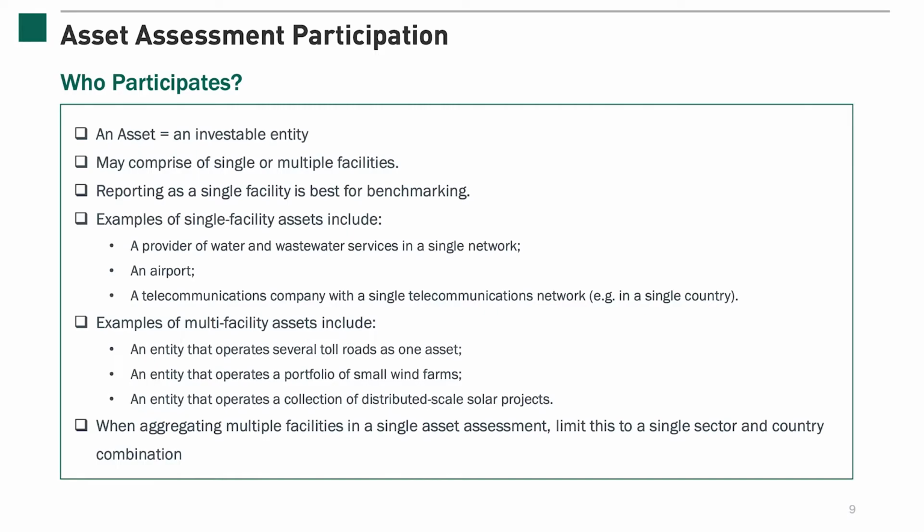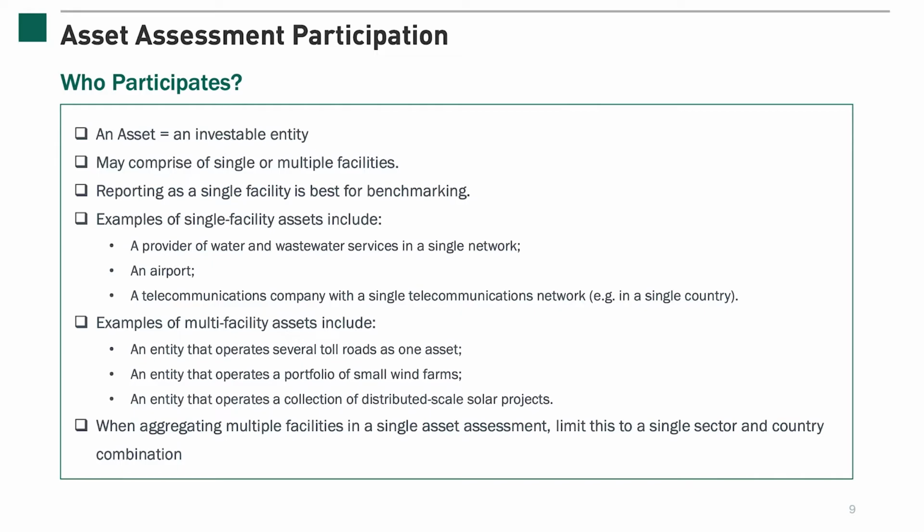While we explain some different approaches here, participants with questions about specific circumstances are encouraged to contact the GRESB help desk for guidance. Examples of single facility assets include a provider of water and wastewater services in a single network, an airport, or a telecommunications company with a single telecommunications network, for example, in a single country.